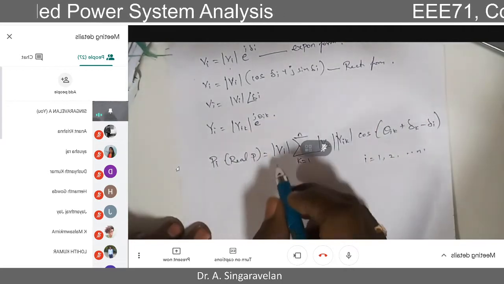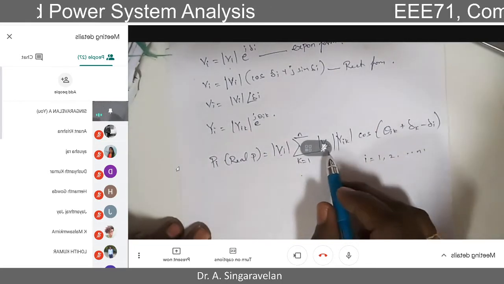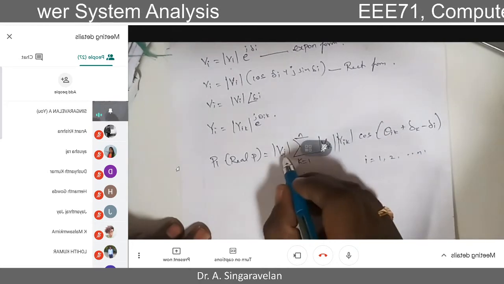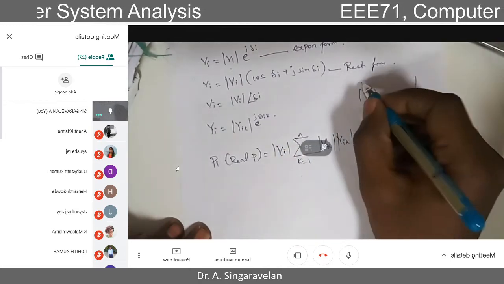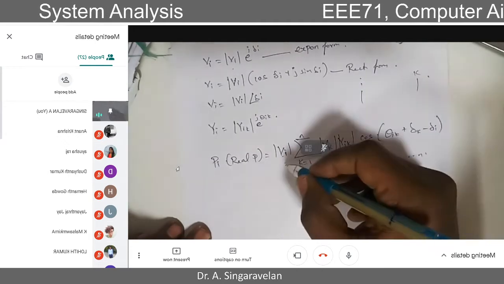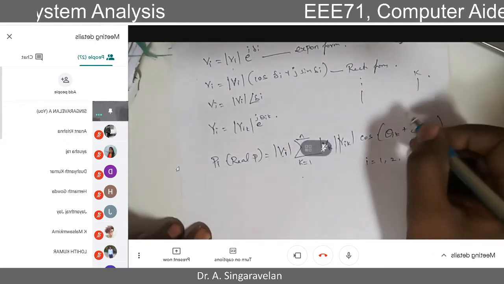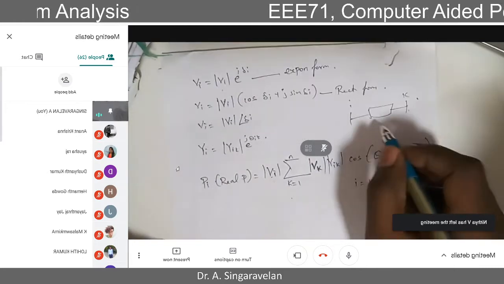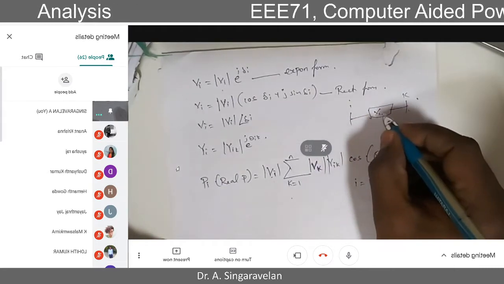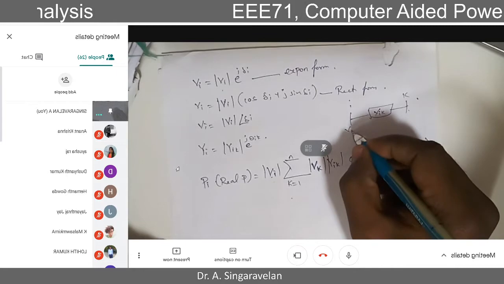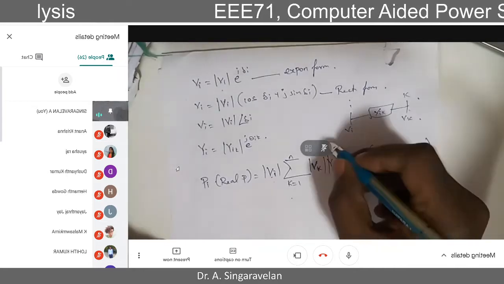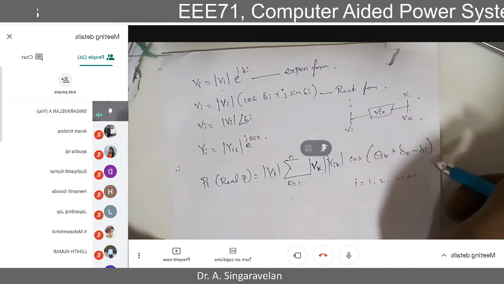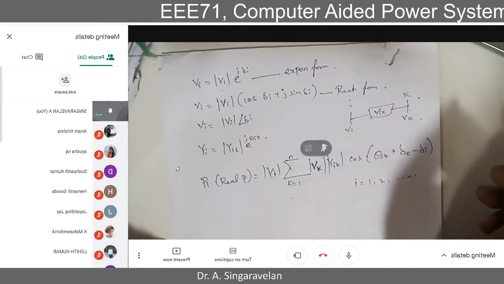To solve this, this is the voltage of i and this is the voltage of k, and the admittance between them is Yik. Just put in Vi, Vk, and the angles of the voltages, and you will get the value.